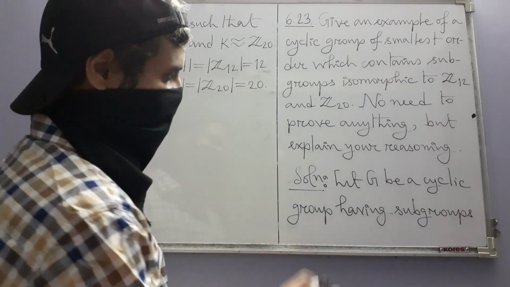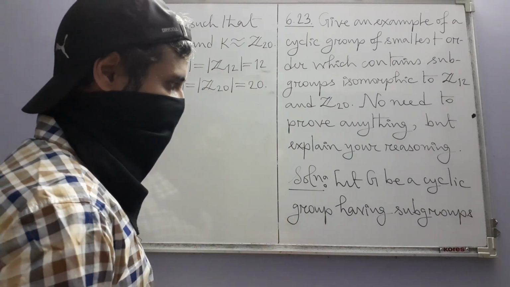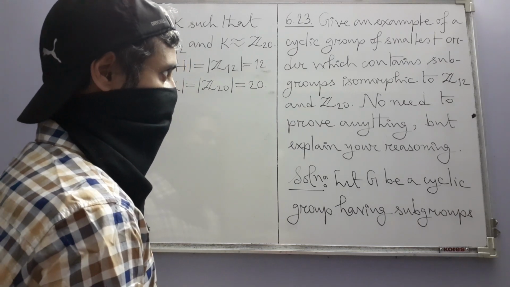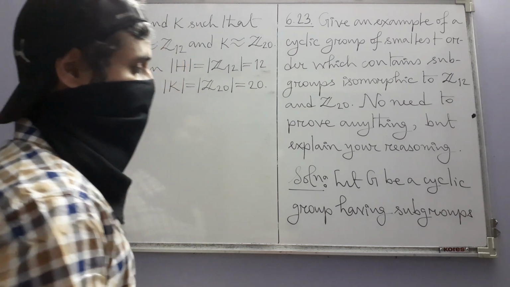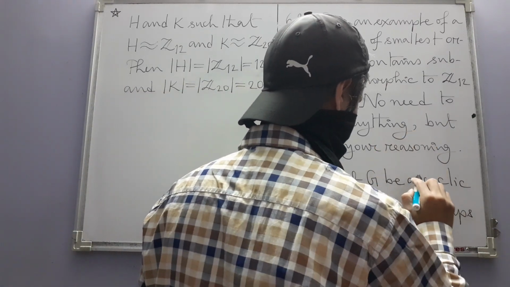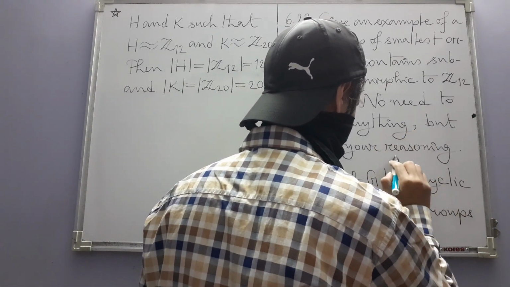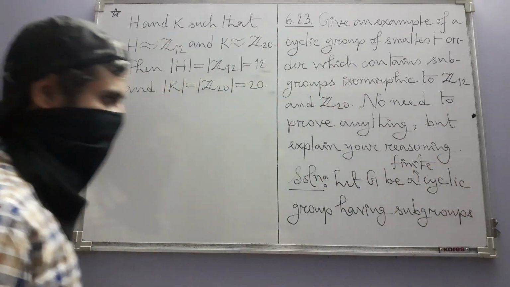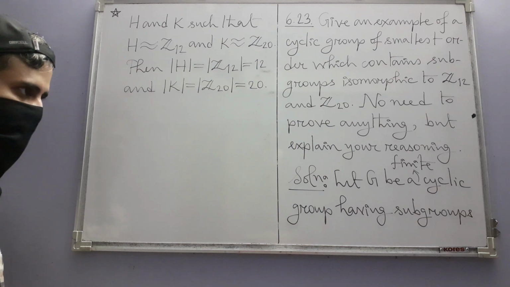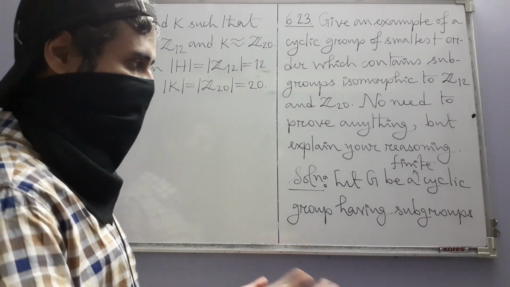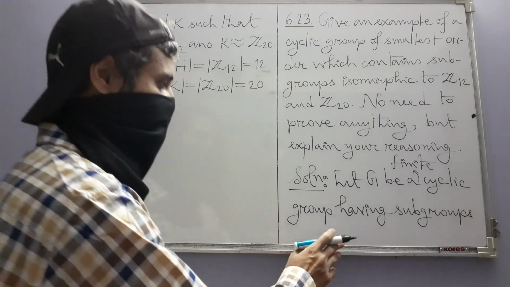Now we know one fact about cyclic groups. I should have additionally said that G is a finite cyclic group. We have to explicitly mention that because in general it may be an infinite cyclic group also.